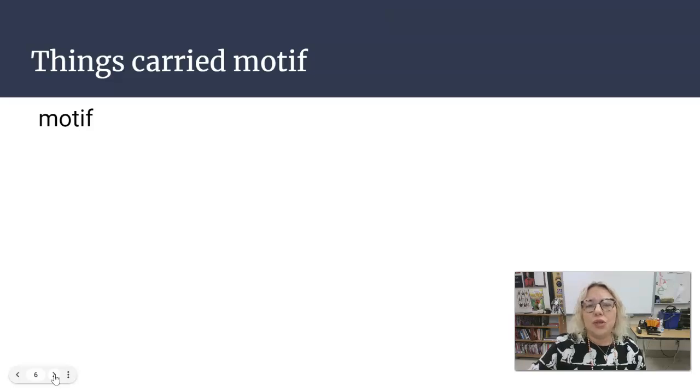Because the truth is, most literature uses a more nuanced way of representing a larger idea, and that is the motif. In a literary work, a motif can be seen as an image, a sound, an action, or other figures. It has a symbolic significance, but it's not quite as simple as a symbol.